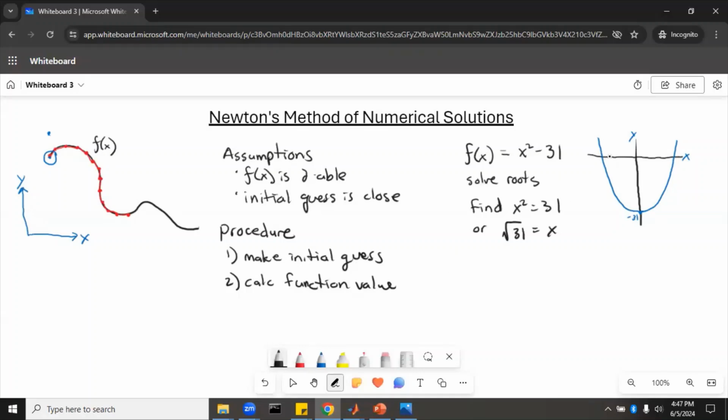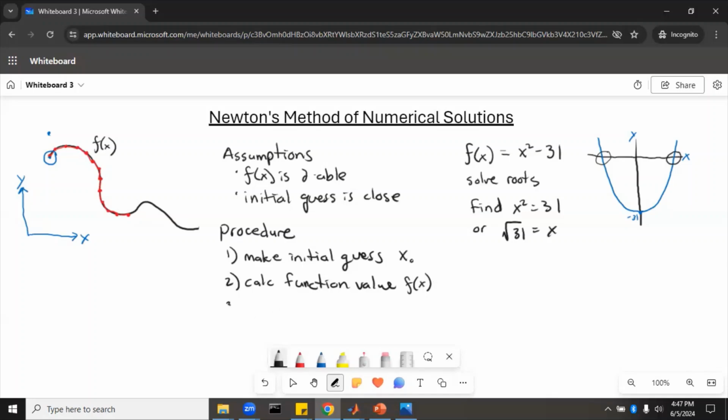So we're solving for where y equals 0. So we calculate f of x at the initial guess, x initial, and see if it equals 0. It's probably not going to exactly equal 0, but see how close we get.